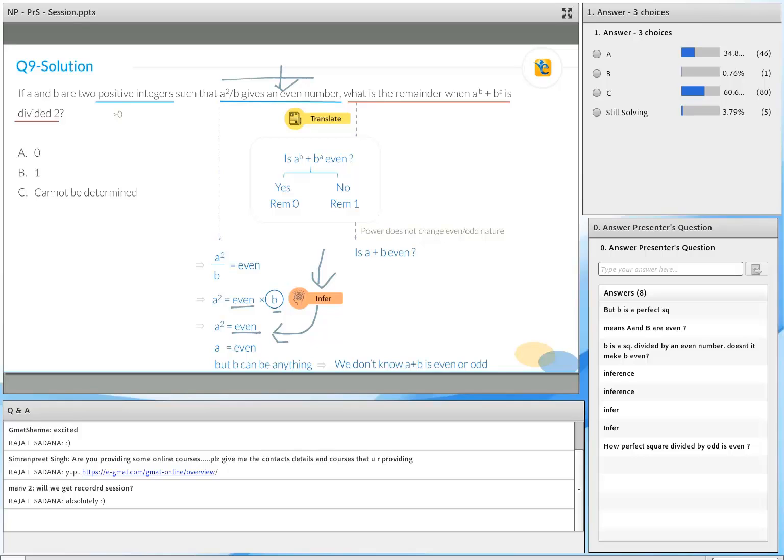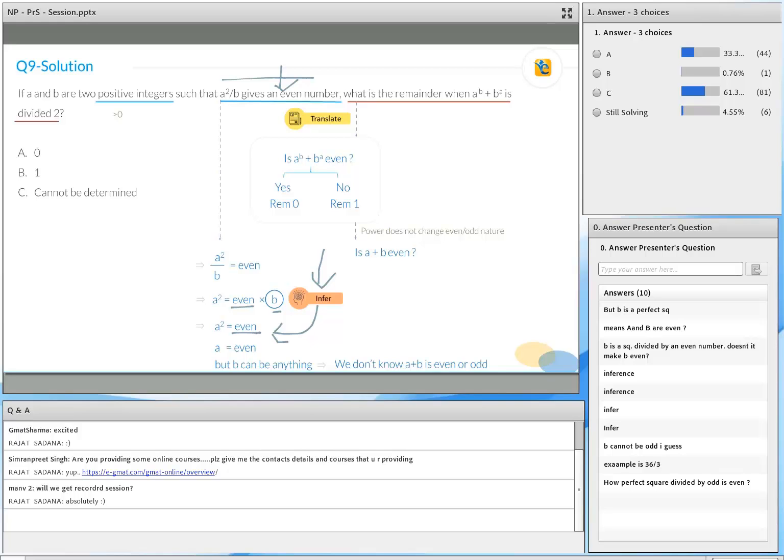B is not a perfect square. Okay, so how can a perfect square divided by odd be even?